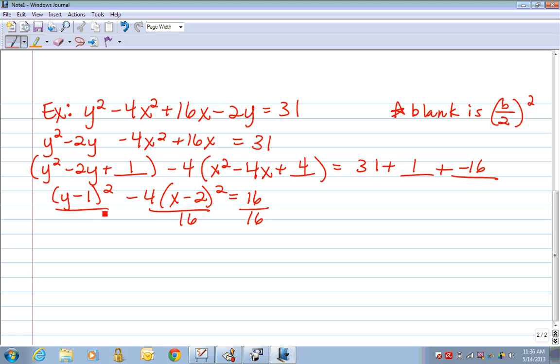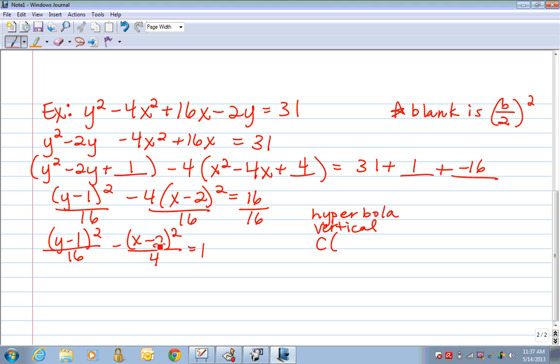Dividing by 16 everywhere will allow us to have it in the form that we need, to look like the hyperbola that we knew this was going to be. So this is our equation that we first have to get into that form. We know it is a hyperbola. We know, because the y is first, that it is a vertical hyperbola.